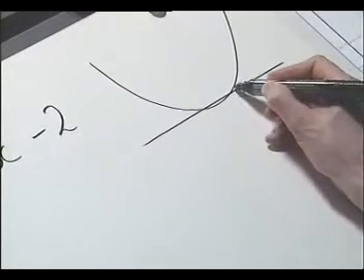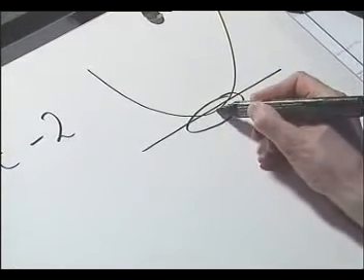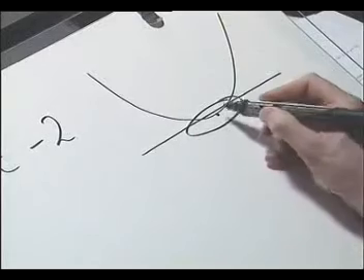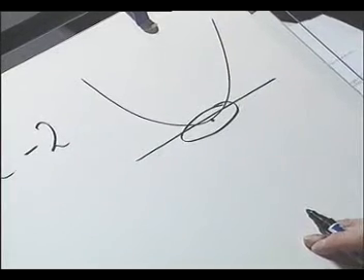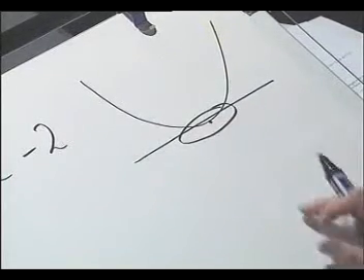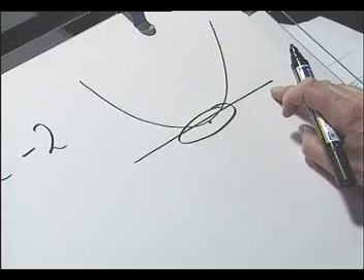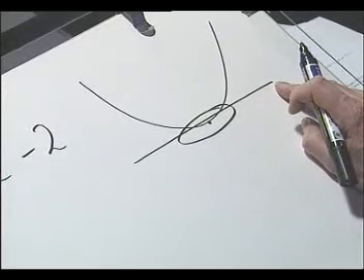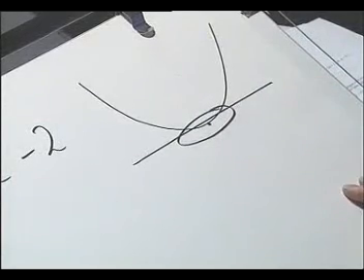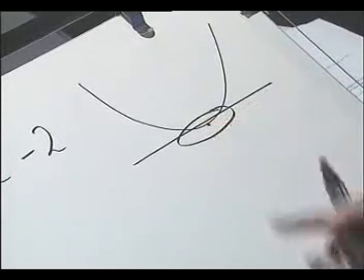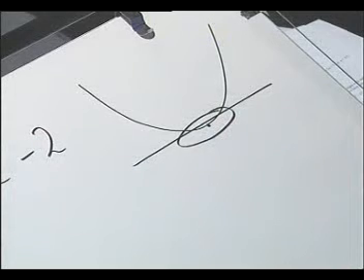The question is, where's this point down here? Where's the minimum value of this function? What value of x does it have? Does it actually come below the x-axis as I've drawn it, or does it come up here somewhere? At what value of x does that minimum value occur?